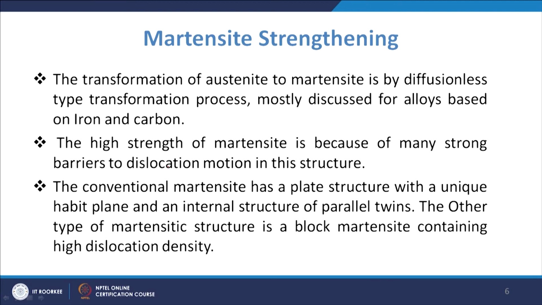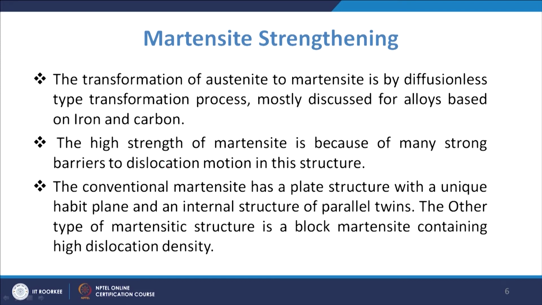The transformation of austenite to martensite is a diffusionless type of transformation, and the high strength of martensite is because of many strong barriers to dislocation motion in this structure.